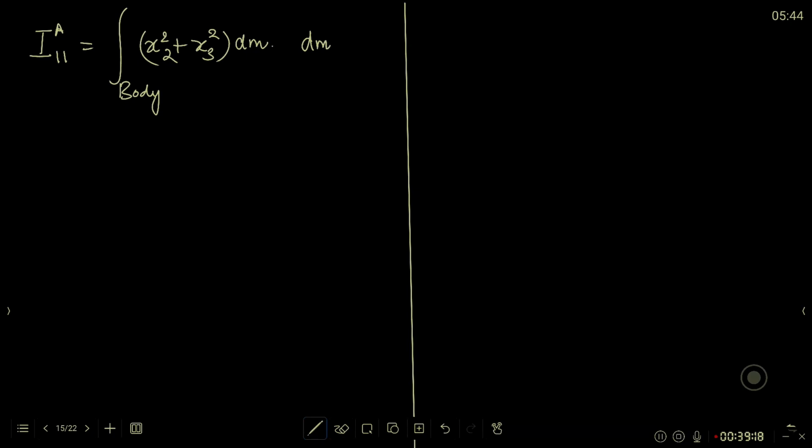What are these new things? So the small chunk of mass that I showed on the previous slide in the neighborhood of this point P, dx1 and dx2 and dx3 are the dimensions of this small cuboid. It is a cuboid within a cuboid. This is an infinitesimal cuboid.